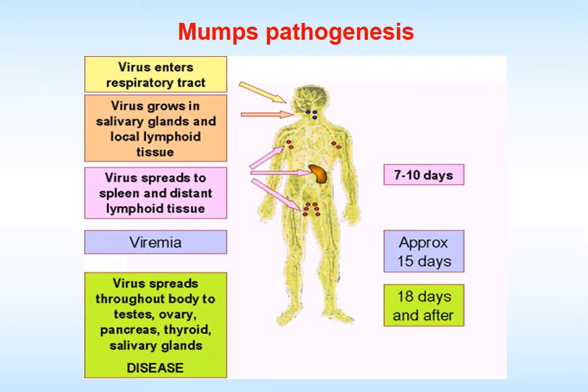The period of viremia is usually 15 days, and after the period of viremia, virus spreads throughout the body to different glands like testes, ovary, pancreas, and salivary glands again. And we are speaking about the real infectious disease period, and this period usually lasts 18 days.